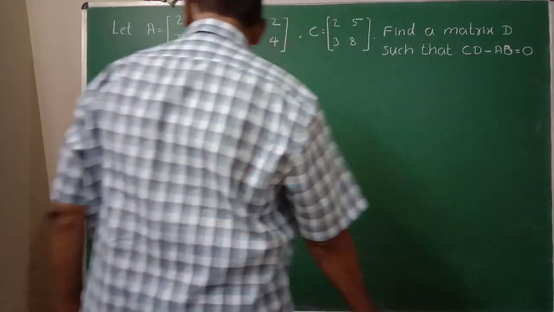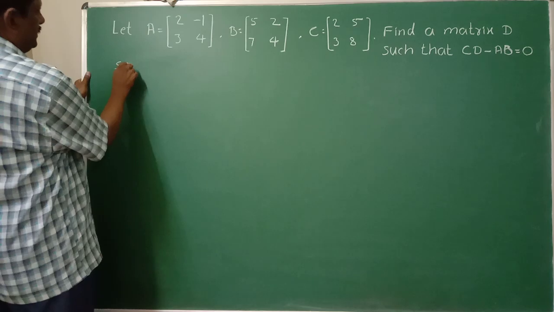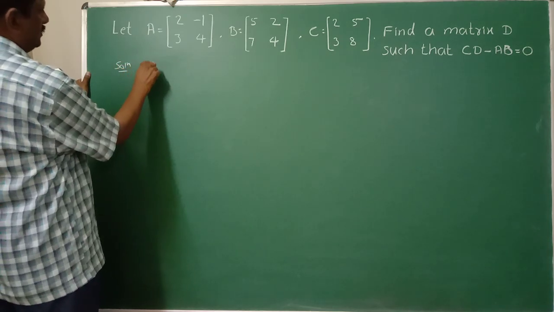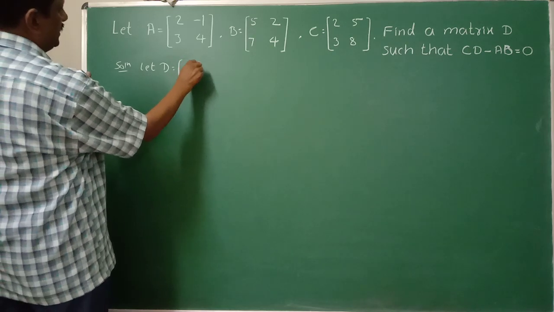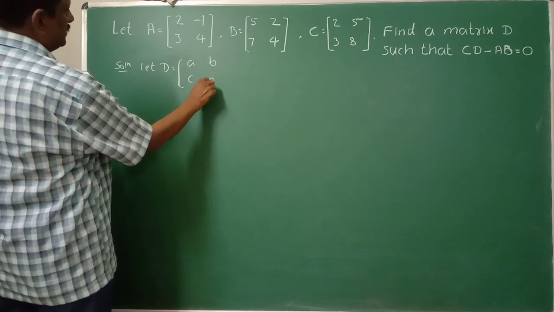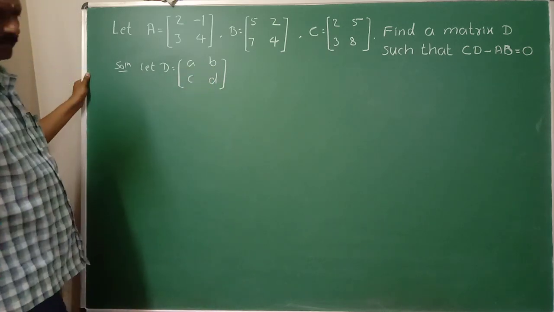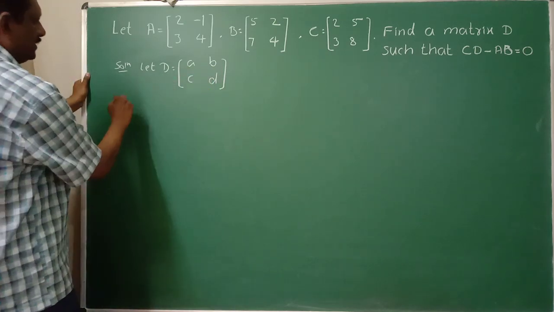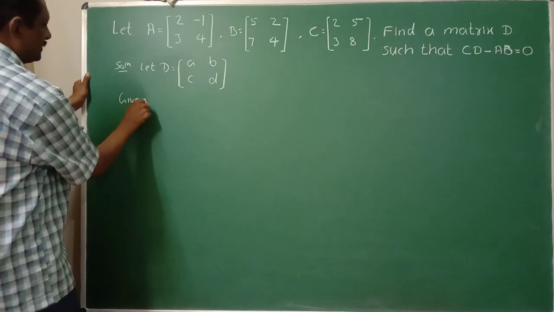Therefore, consider D is equal to a matrix of order 2, and the elements are a, b, c, d.